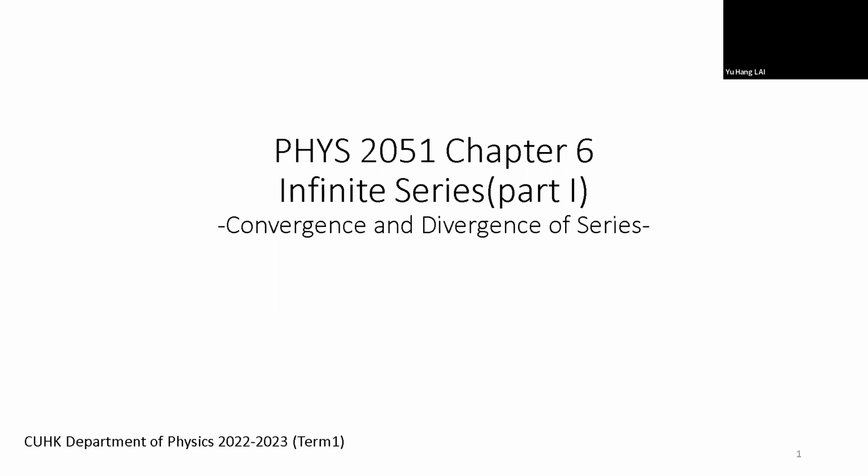Here we come to chapter 6, which is known as the infinite series. First of all, before talking about series, I believe that you have learned about sequences. So what is a sequence? A sequence is a list of numbers that are in order.